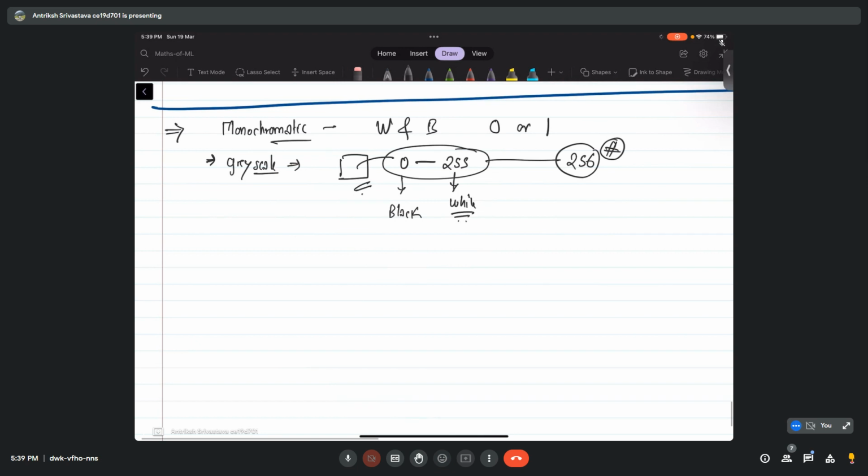And how is that possible? Because the value for this pixel is given by an 8-bit input. So you have 8-bit monochromatic input, actually. Let's say 1 2 3 4 5 6 7 8.